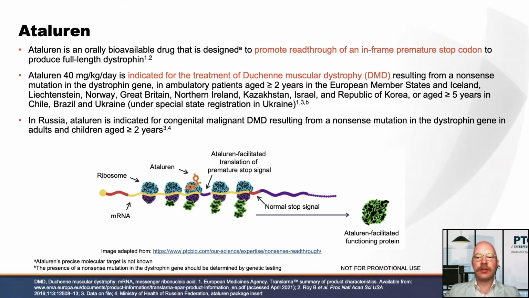Ataluren is indicated for the treatment of Duchenne muscular dystrophy resulting from a nonsense mutation in the dystrophin gene in ambulatory patients, age 2 years and older in the European member states, Iceland, Liechtenstein, Norway, Great Britain, Northern Ireland, Kazakhstan, Israel, and the Republic of Korea, and for patients 5 years and older in Chile, Brazil, and in the Ukraine.